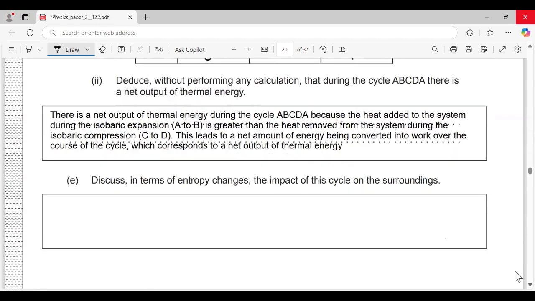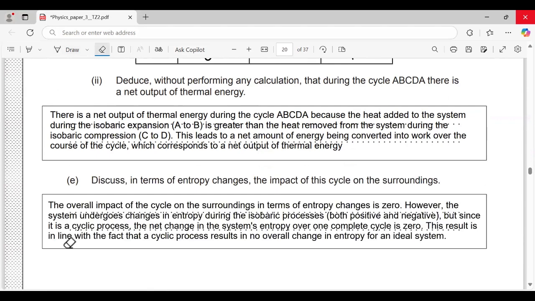Next, discuss in terms of entropy changes, the impact of this cycle on the surroundings. As well, I have provided my brief explanation about this question. You may copy or you may add something to my brief explanation.